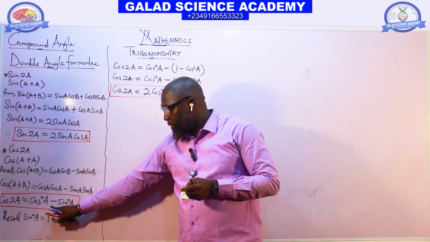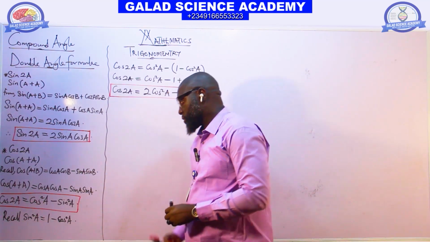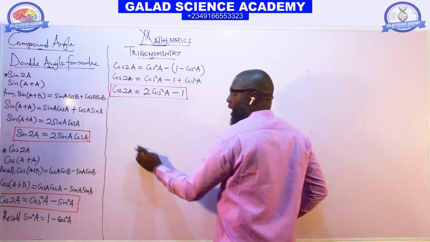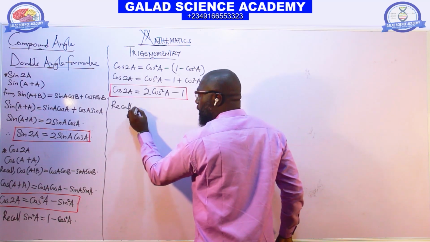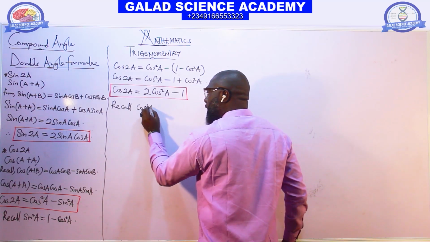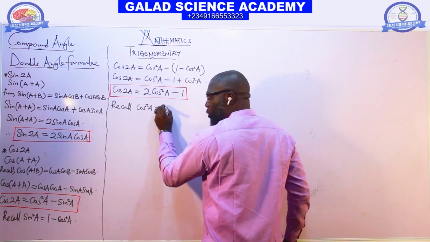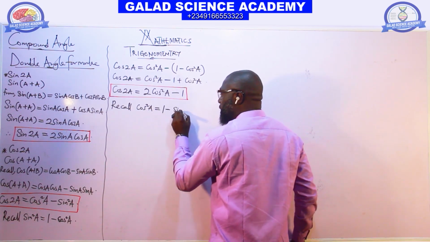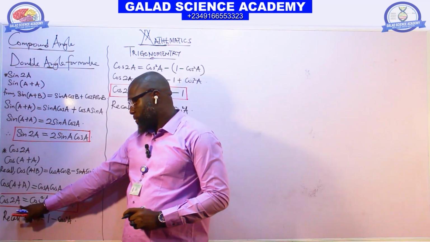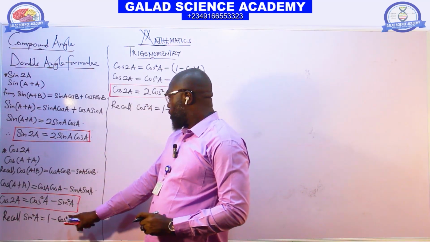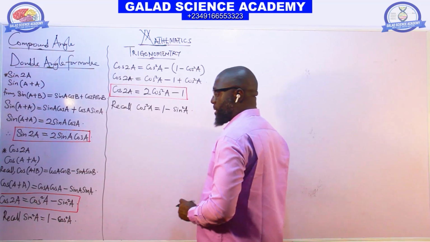And the last identity is from this again. Let me substitute for cos. Recall again that cos square A is equal to 1 minus sine square A. By doing that, let us substitute for cos square A here.